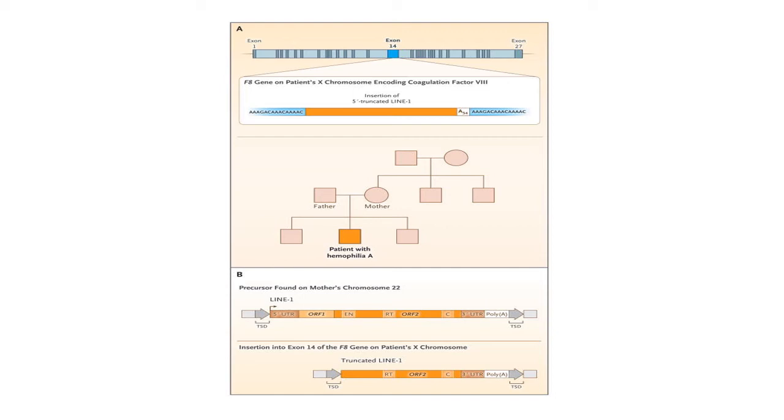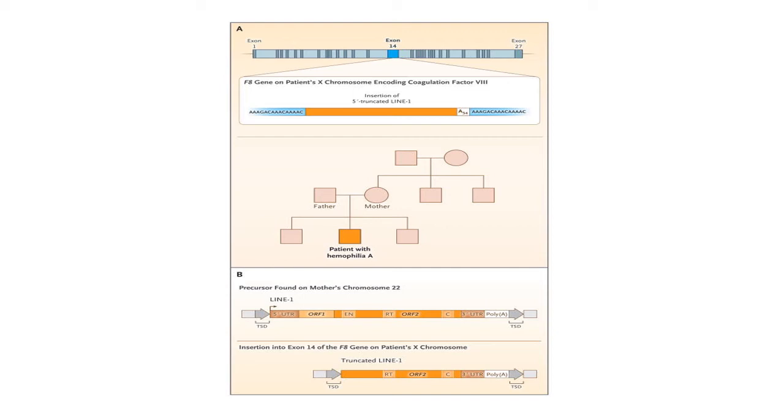This is a different kind of case where it's a new mutation that arose from transposition of L1 in the mother, or from the mother, let's say. So what has happened is that the patient has gotten an insertion of actually part of a 5' truncated L1 in exon 14 of his factor VIII gene. And what that essentially does is inactivate the gene, which is why he has hemophilia.